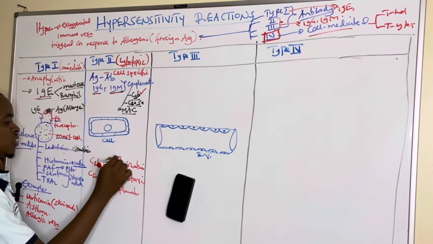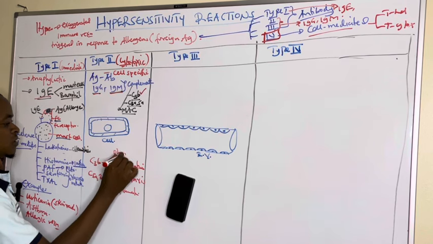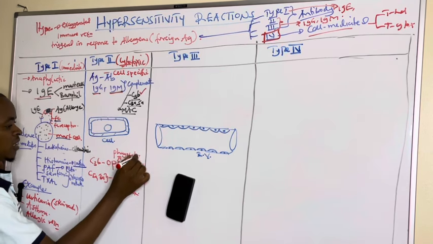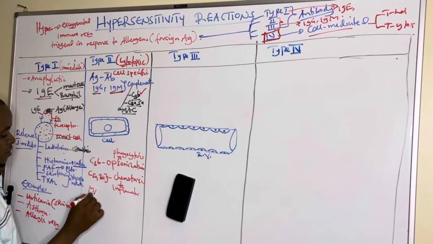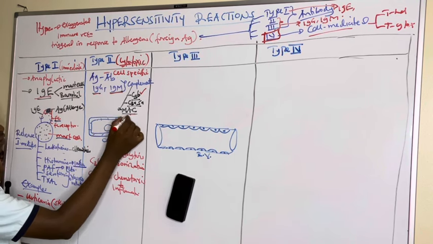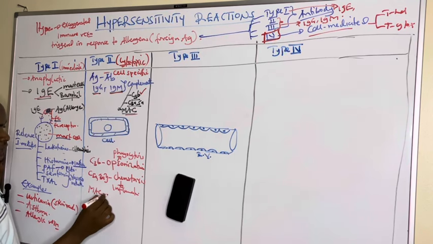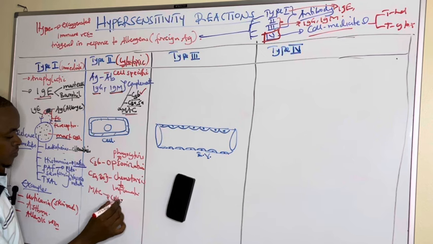Then this opsonization enhances the phagocytosis of these allergens, whereas the MAC, which is produced after the complement has been fixed, is responsible for cell lysis.